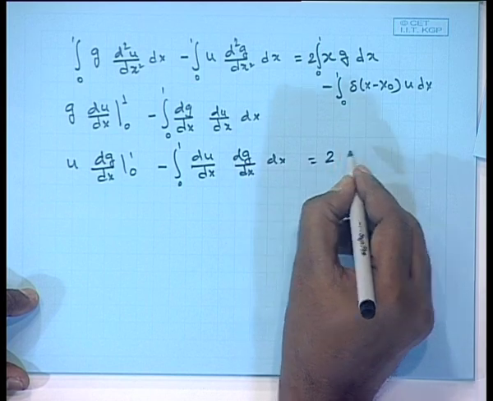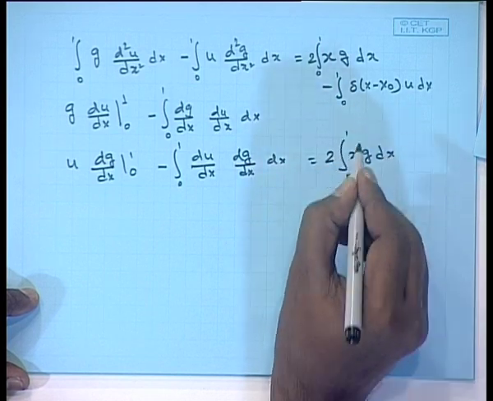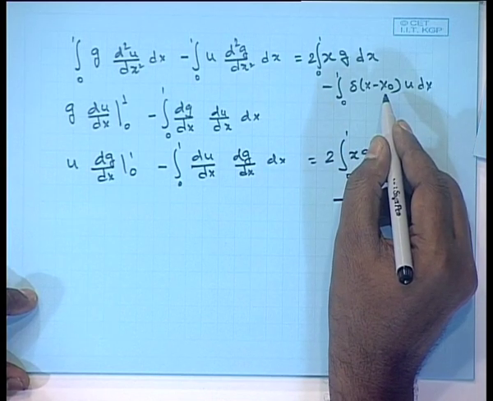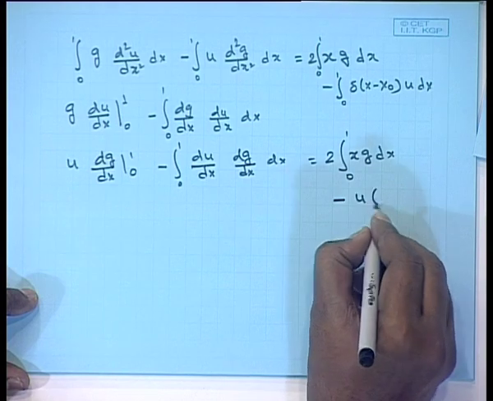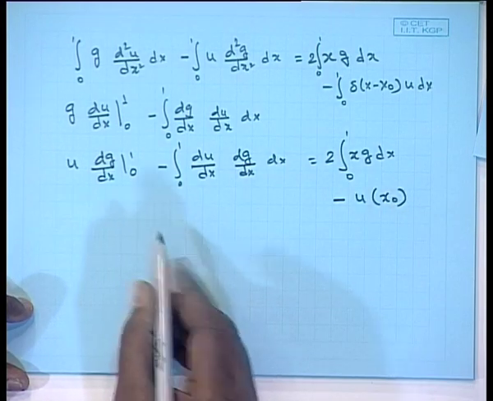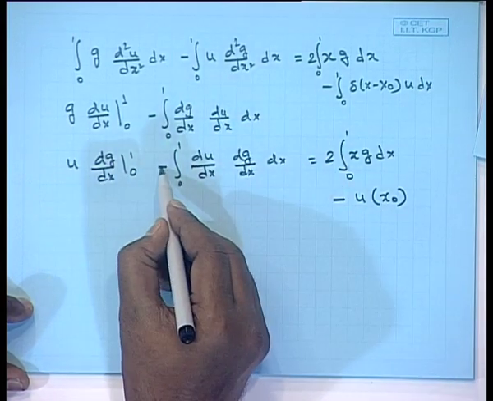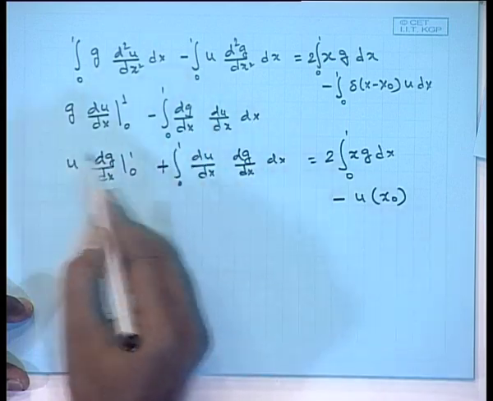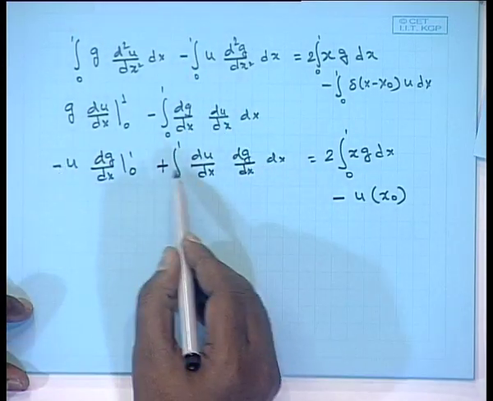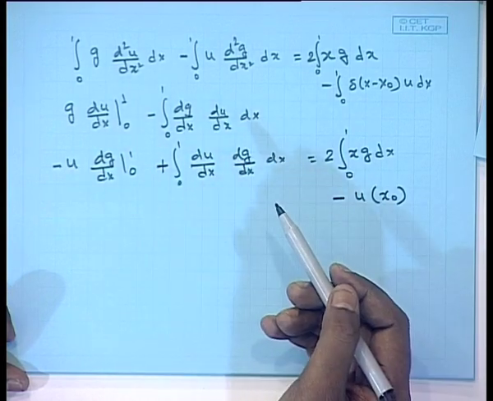This is nothing but 2 integration x g dx from 0 to 1 minus this one will be what? u evaluated at x naught. Now, if you take these two, there will be a minus sign here because of a minus here, so it will be minus minus plus. So these two terms will be cancelled out because they are identical.